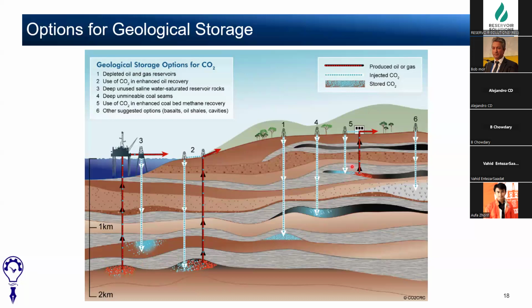The fifth is use of CO2 for enhanced coal bed methane recovery. And the sixth is other suggested options like basalts, oil shales, and cavities, and so on. But as I mentioned, the three main options are depleted oil and gas reservoirs, enhanced oil recovery, and saline aquifers.